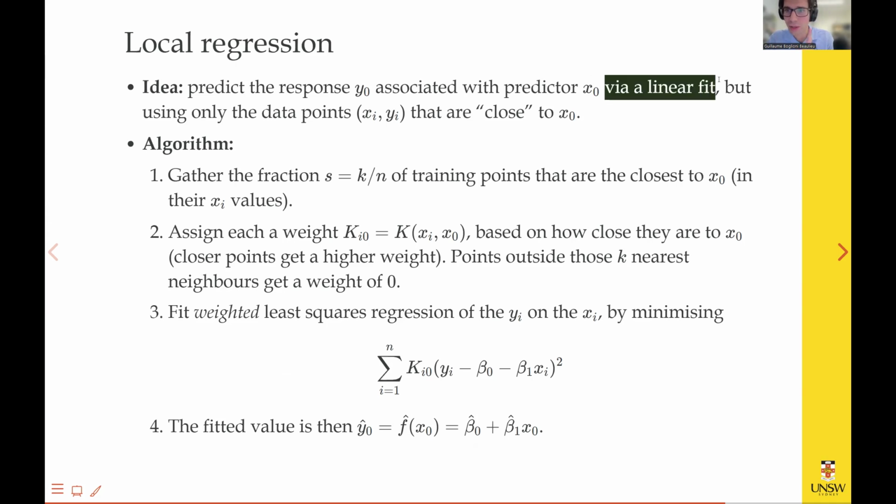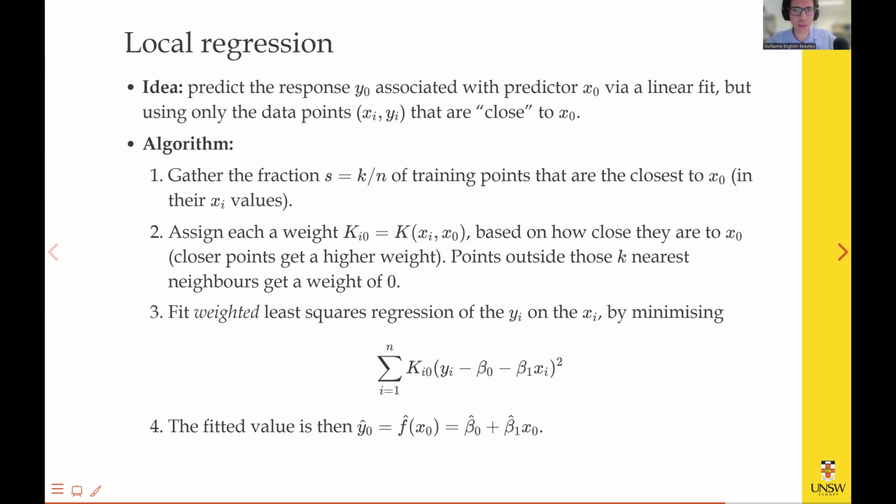Now, careful here, via a linear fit, but only using the data points in the training set, xi, yi, that are close to x0. So if you want to approximate what y should be for a given x, you will do this with a linear fit, but local at x.